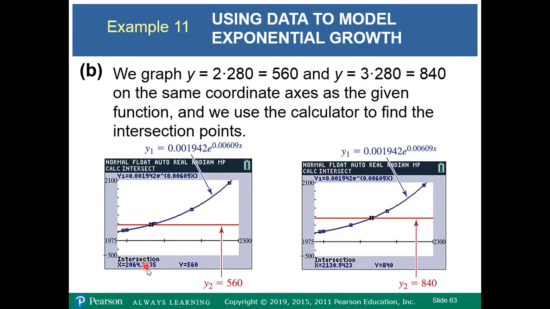So it's 2064. And for the triple, it would be 3 times 280, which is 840. So you plot this line, and you can find the intersection point, and you find out that according to this model, that's going to happen in 2130, or closer to 2131, or the end of 2130.